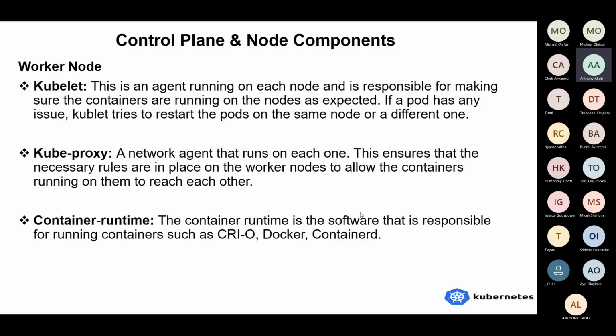When we are trying to do things that have to communicate with each other, there has to be a networking aspect to these things, and this is where kube proxy comes into place.